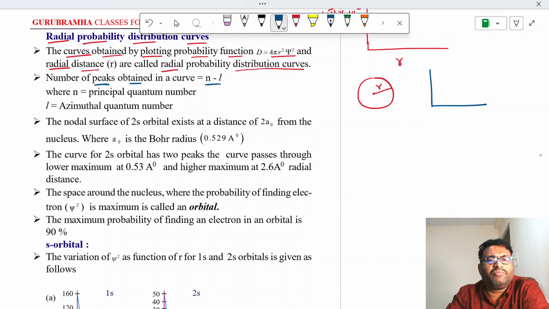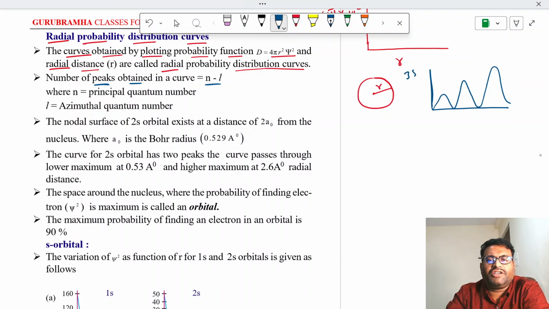When a graph is drawn for 3s, how many peaks are there? 1, 2, 3.